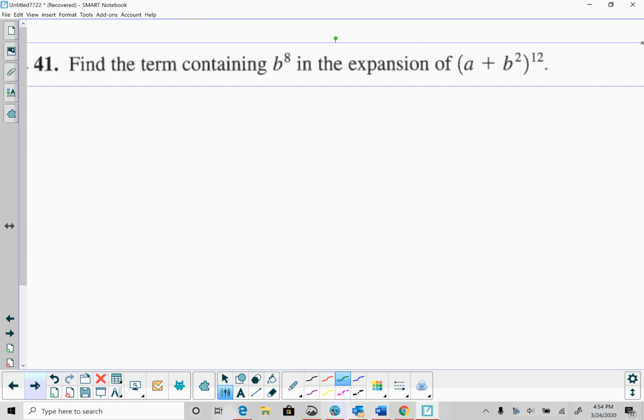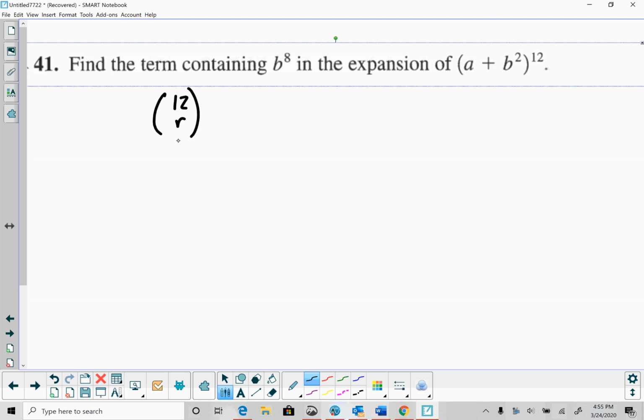Find the term containing b to the 8th in the expansion of this lovely. Now, realize, which term is it? Okay, now again, we're raising this to the 12th, so we know it's going to be the combinations of 12 choose.